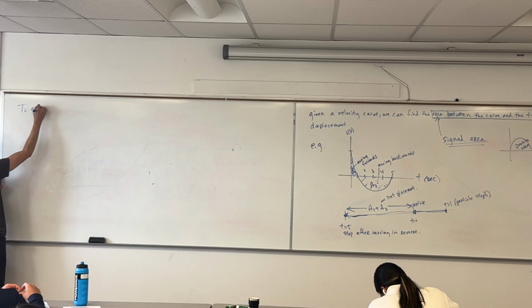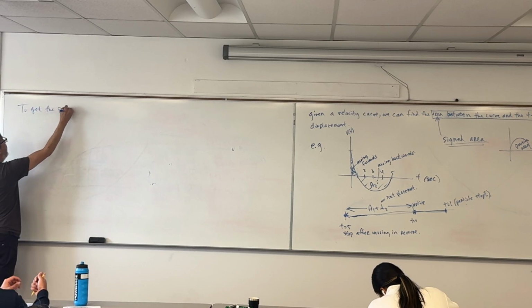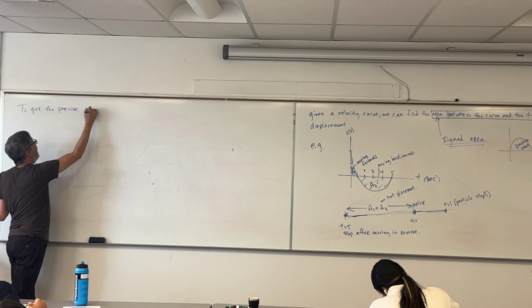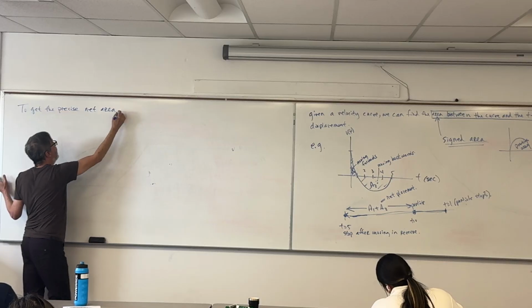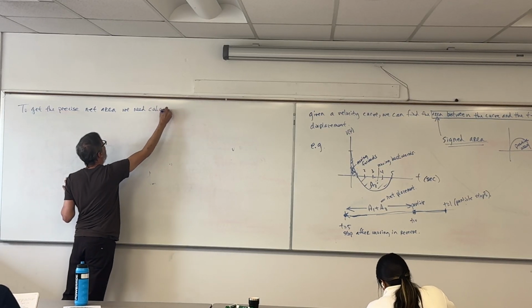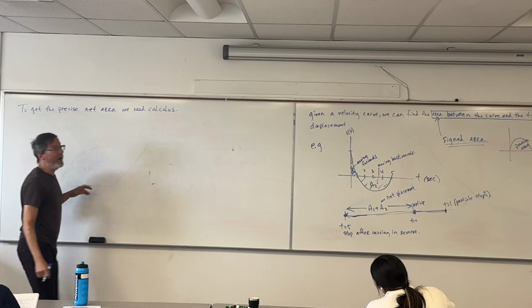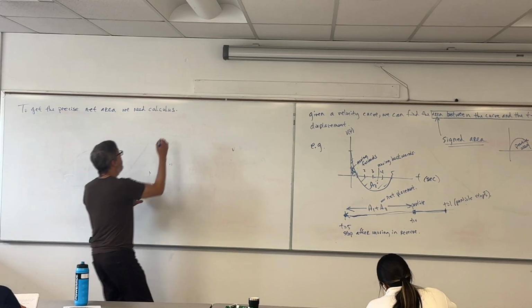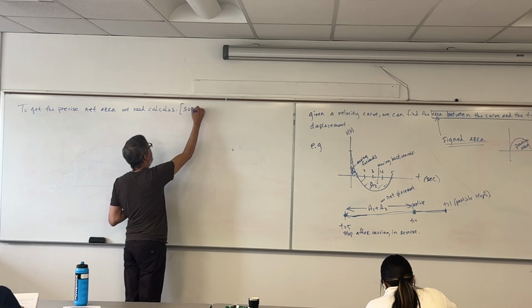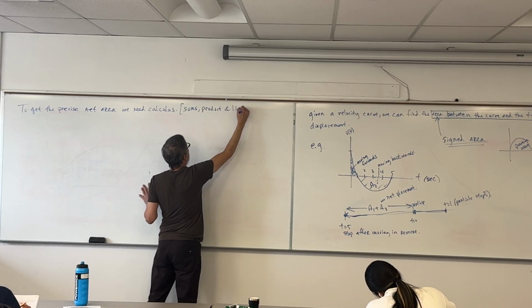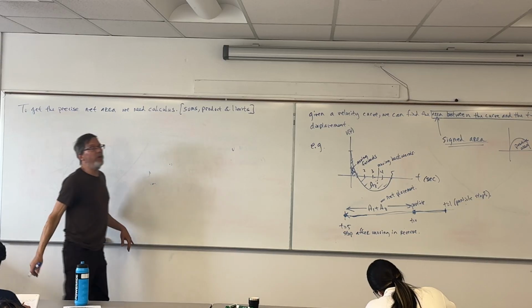To get the precise net area, we need calculus. And in particular, some stuff you might have never seen before, but something you definitely saw before, which is limits. So I'm gonna put this up here. Sums, products, and limits.